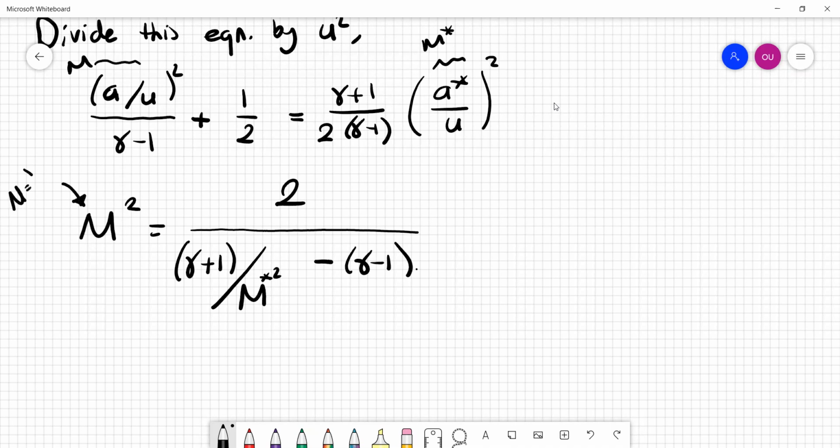Again, reminding you, I'm thinking of a one-dimensional flow, so I'm only using one velocity component u. So this is u over a, and M star is u over a star, remembering all the definitions I made a few minutes ago. We will continue from this point.